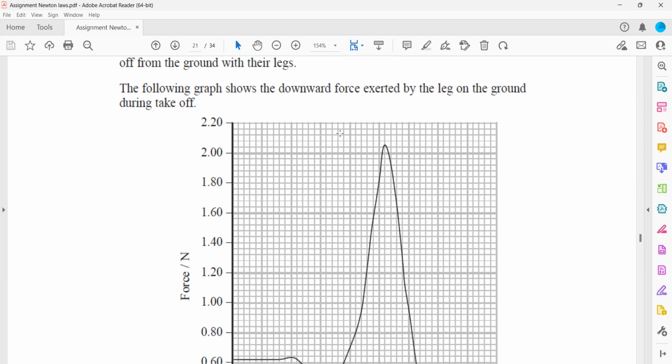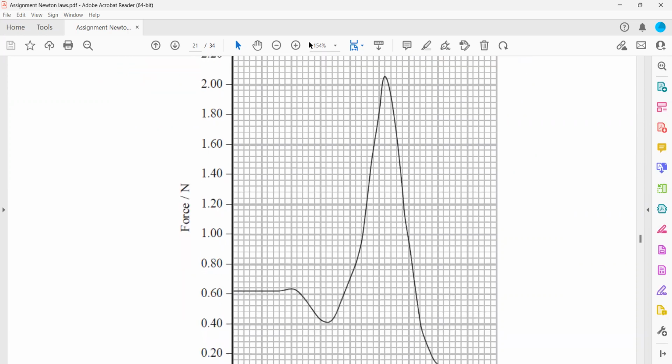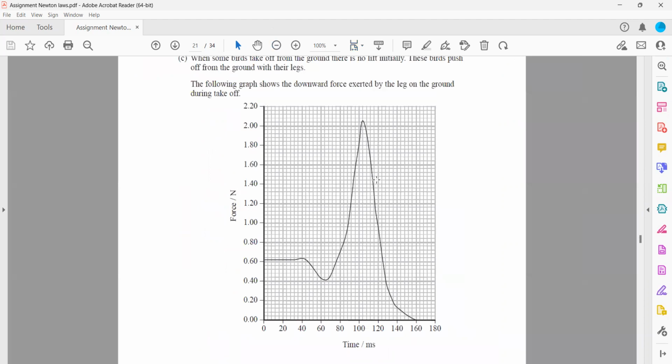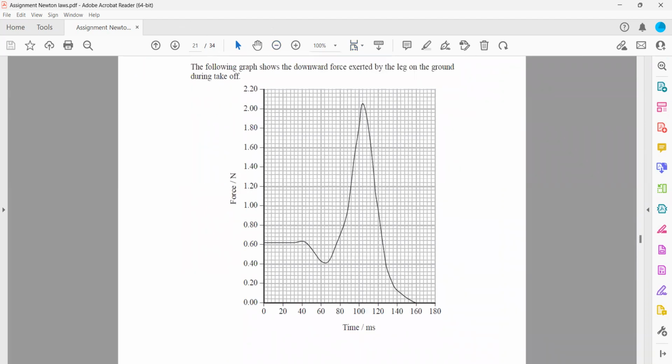The following graph shows the downward force exerted by the leg on the ground during a takeoff. So you can see first, when the bird is on the ground, this is representing the weight of the bird.